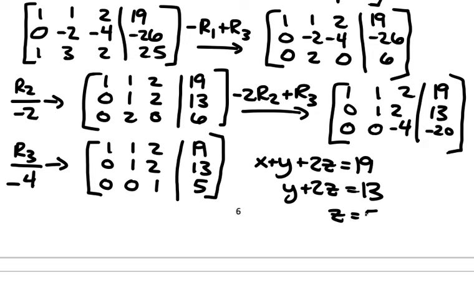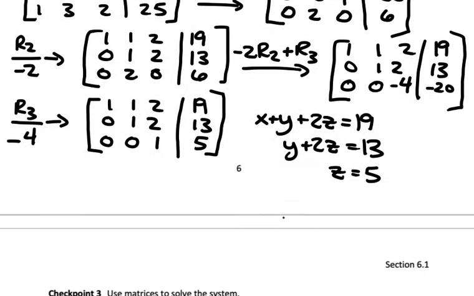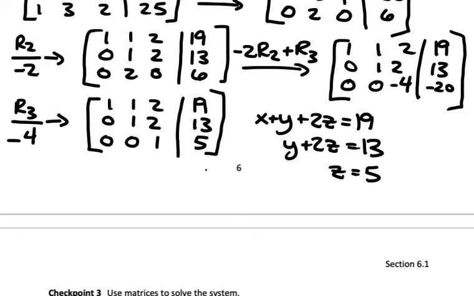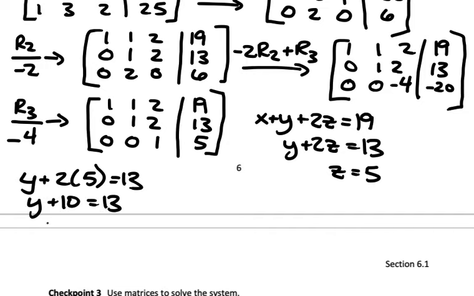So I have the value for z, and I'm going to substitute to find the values for x and y. So plugging in 5 for z into the second equation gives me y plus 10 equals 13, so y equals 3, subtracting 10 from both sides.